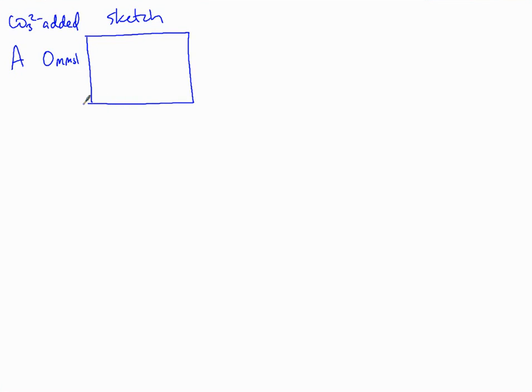Okay, so here's what we are looking at. So I'm going to reproduce the table that you're looking at. Step A, 0 millimoles. A sketch of this solution. What does it look like? So remember what we started with. It was calcium ions.